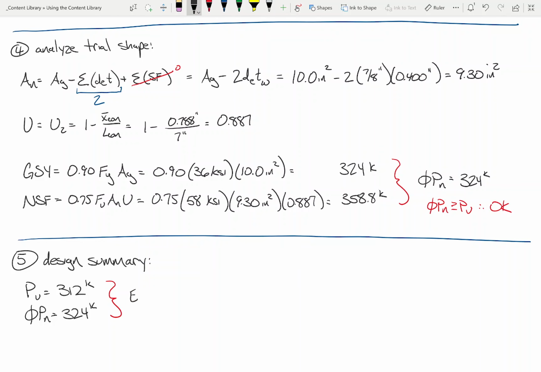Calculate an efficiency. And what is the efficiency? 96%. Say it again. 96%. 96.0? 0.2. 0.2.